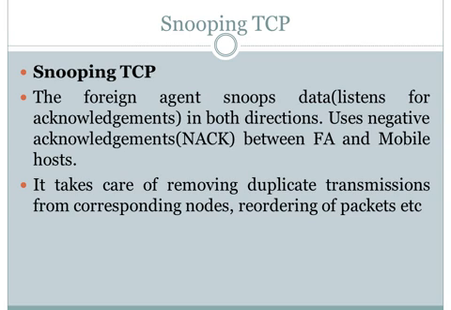So you can see the foreign agent listens in both directions. Any losses in acknowledgements from the mobile node are treated as negative acknowledgements in the wireless part, and in the wired part, a loss is treated as no acknowledgement. Positive acknowledgement is success.